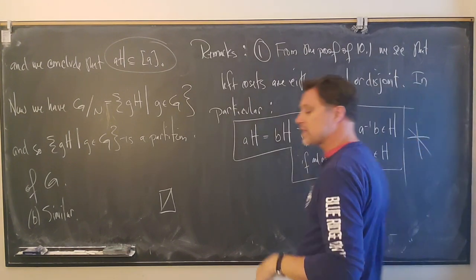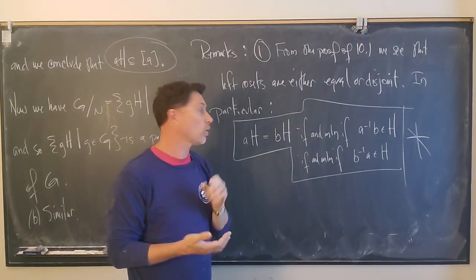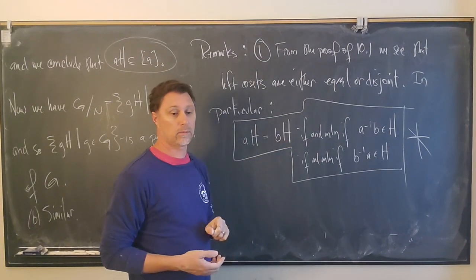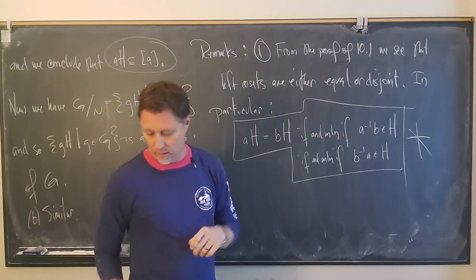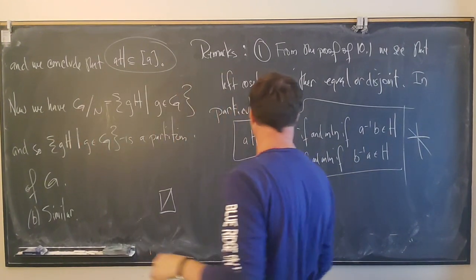So this is absolutely crucial. If you want to understand how to work with cosets, you're going to need to be able to decide whether two cosets are equal or not. This is how you do it. And the same thing for right cosets.